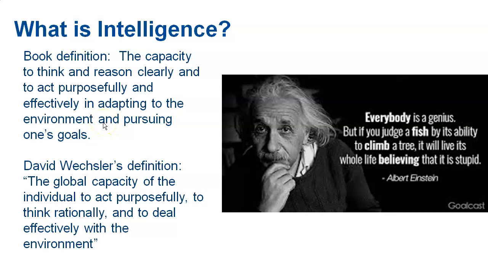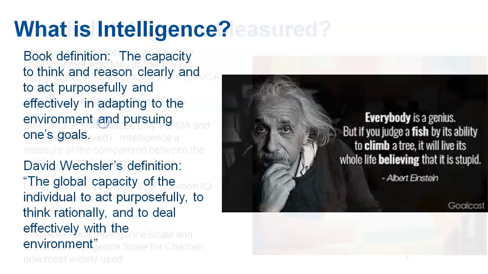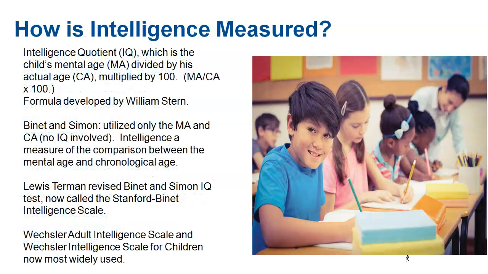So that's the definition that you're going to be looking for intelligence. Or if you see that definition, you'll know that what we're talking about is intelligence. And speaking of intelligence, you will also need to know the way of calculating your intelligence quotient, or your IQ, which is listed up here.